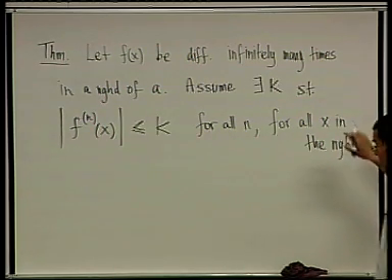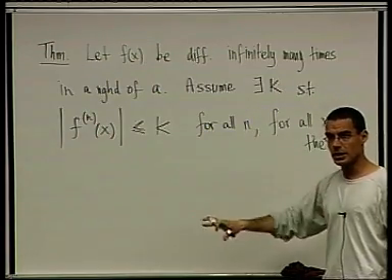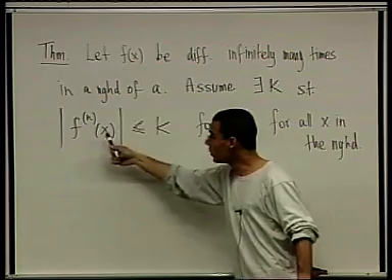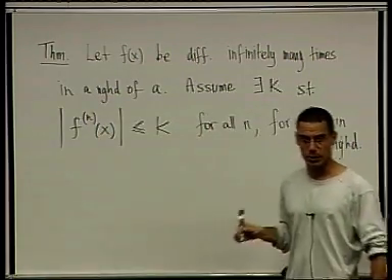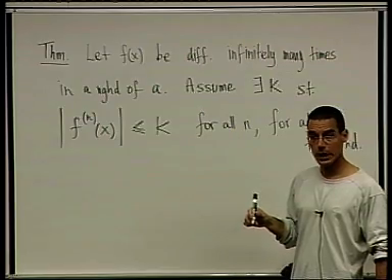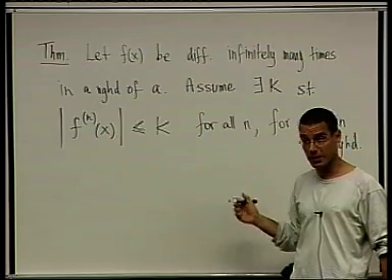Okay? So there is a k that simultaneously is a bound for all the derivatives on the entire neighborhood. Okay? This is a powerful requirement. It doesn't happen for free always.